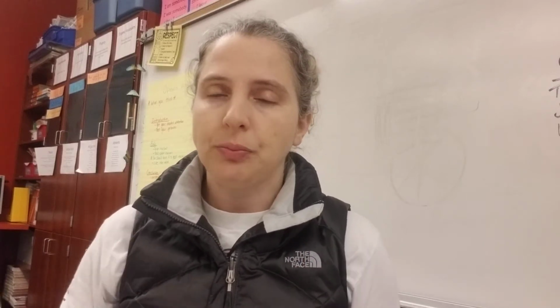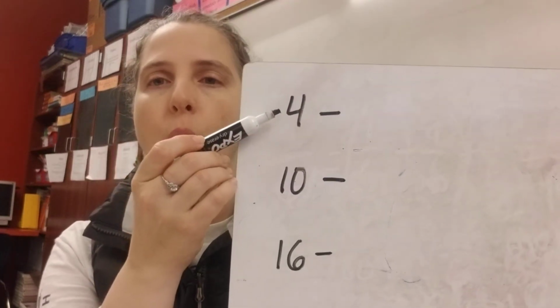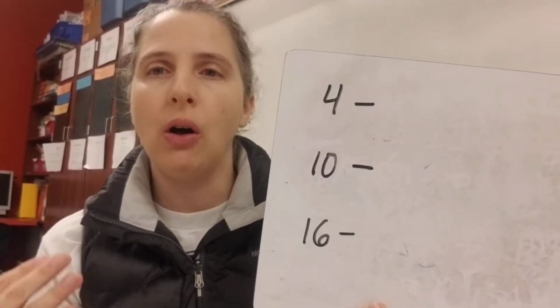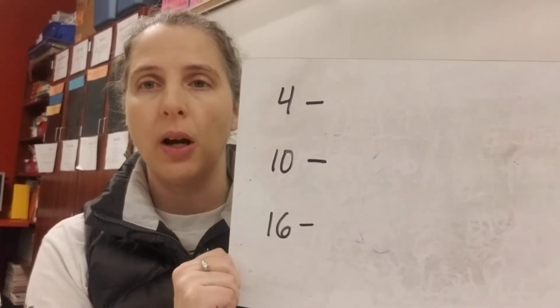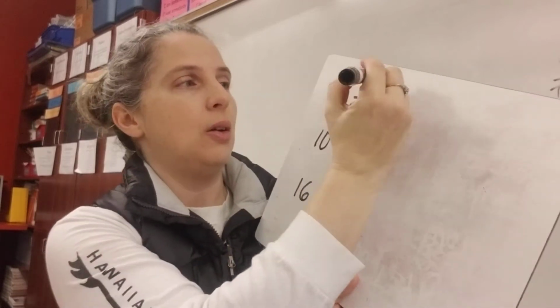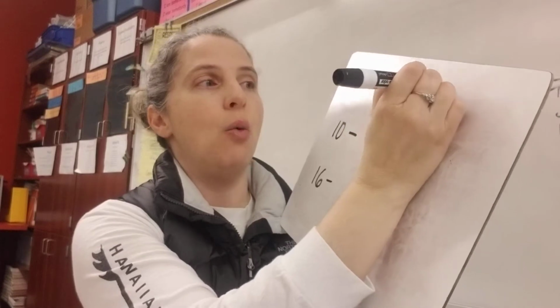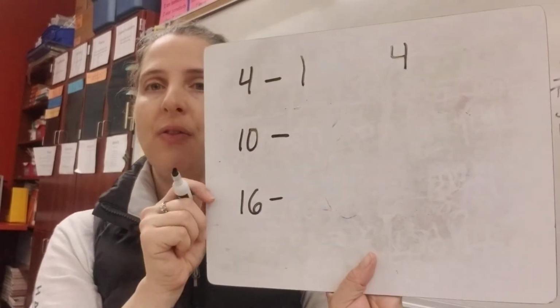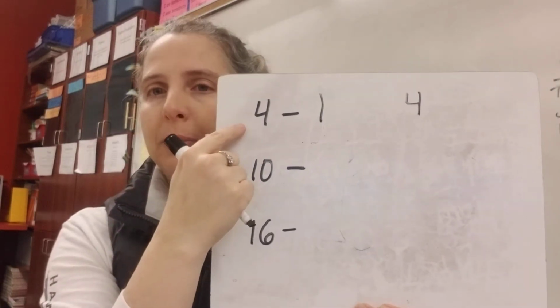All right, so I wrote a few numbers and we'll work on these ones. I want you to think about the number 4. What are all of the factors of 4? What can you multiply by each other to equal 4? We always know the first two factors. What are they? 1 and the number you have. So I know 1 and 4 are both factors. Okay, and then I just kind of count up to that number.